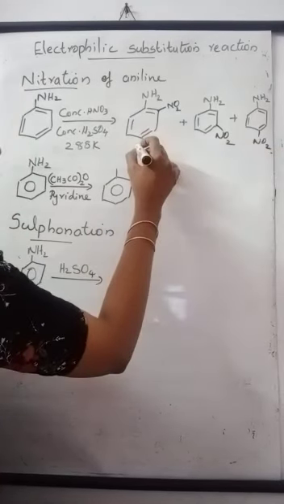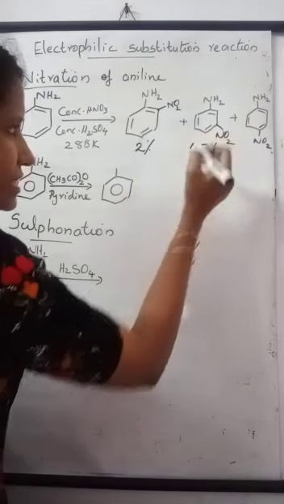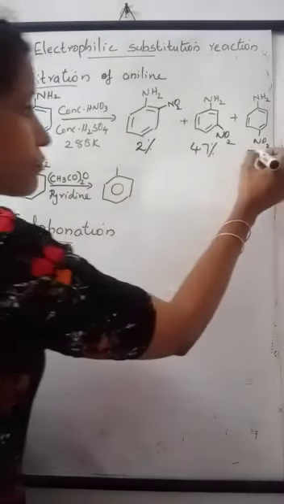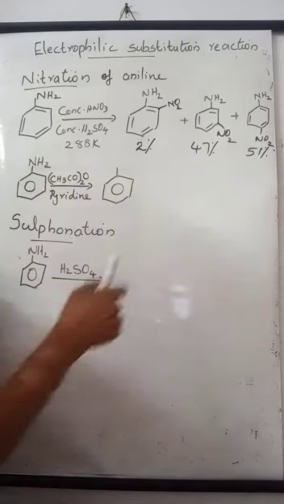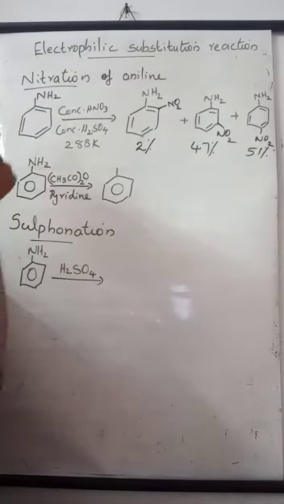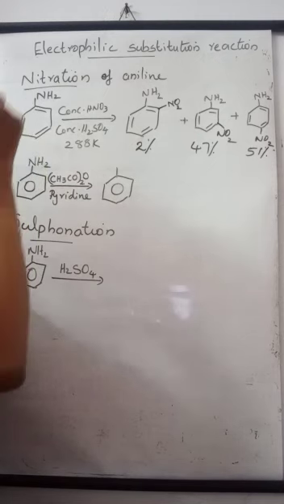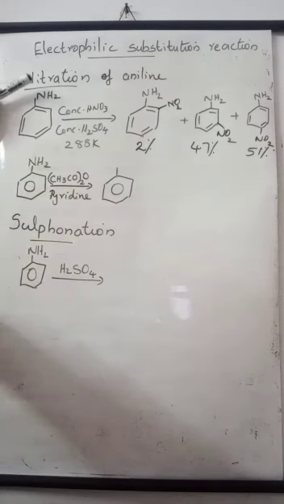The amount of orthonitroaniline is 2%, metanitroaniline 47% and paranitroaniline 51%. Means we get a significant amount of metanitroaniline also. In aniline, the amino group is an ortho and para directing group.